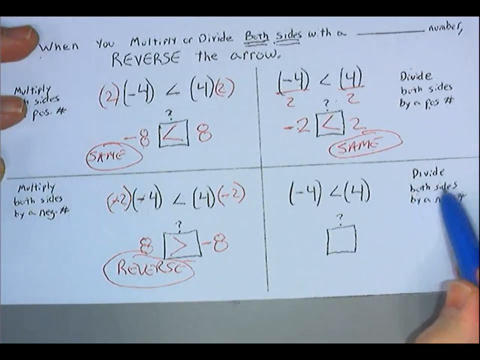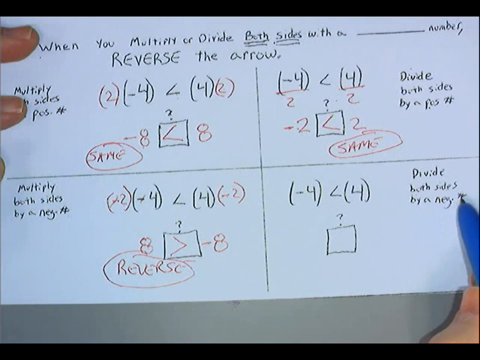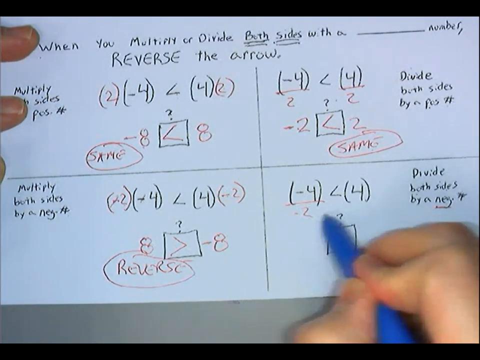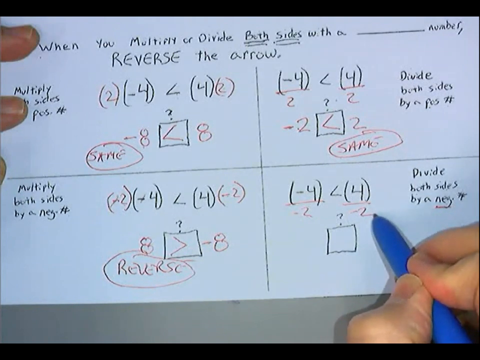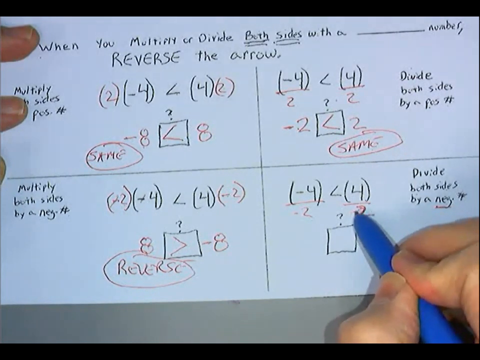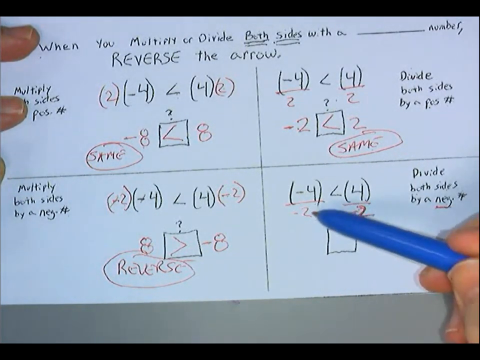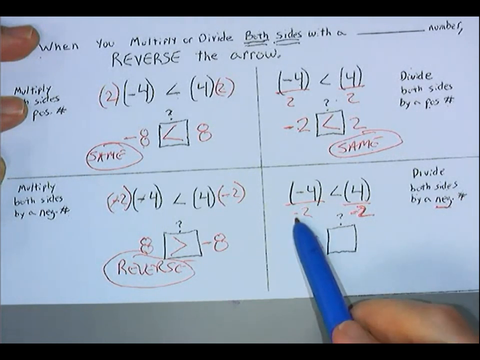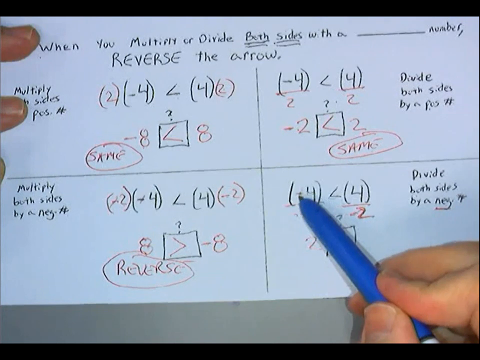Now let's divide both sides by a negative number. If I divide by negative 2, let's see how that works out. 2 goes into 4 twice, and the 2 negatives cancel.